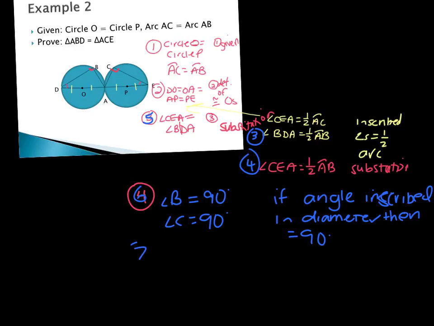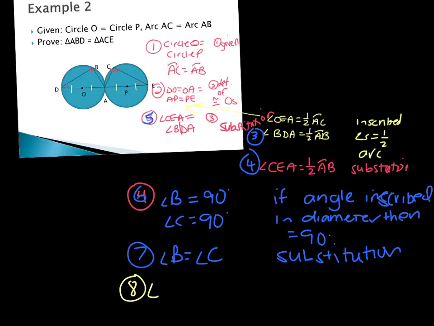And then I can say angle B equals angle C, and that's substitution. And now I've got side, angle, angle. There's no such thing as angle, side, side. I have angle, angle, side.